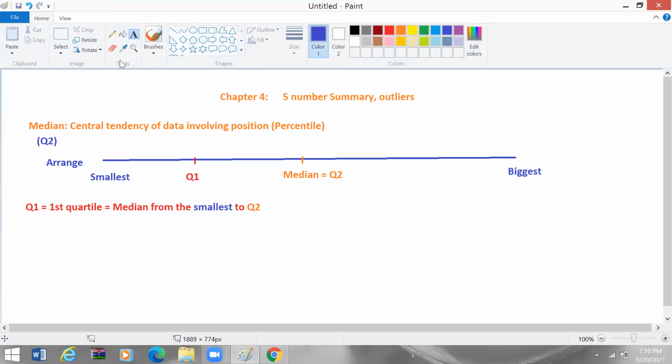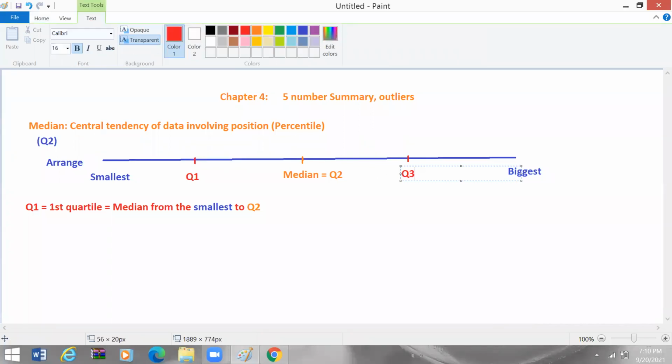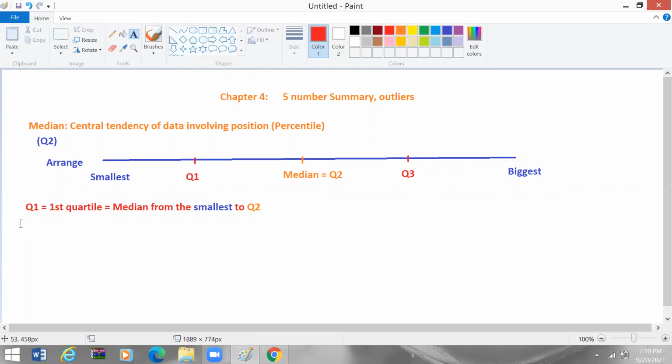Now we're going to figure out another quartile. This one we call Q3. What does Q3 represent? It's going to be the third quartile.